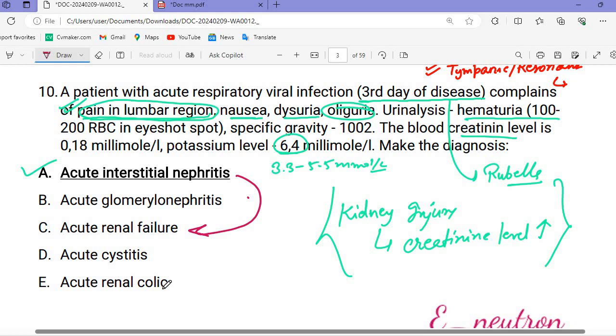Yeah, it's 1.005 to 1.003. Okay, that is the normal. They didn't give these things. It's a little less, 1005 to 1030. Okay, so remember this thing.